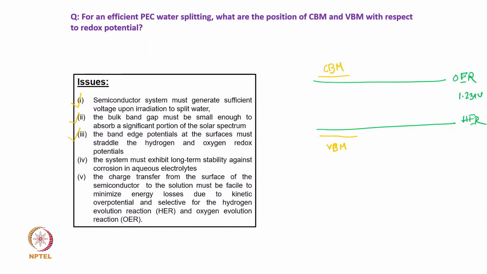There could be some situation where the conduction band may be higher and the valence band maxima is on top of that HER line, or vice versa, VBM may be here and CBM may be very close to this line. So, this is a third important point which one has to look at for PEC water splitting.